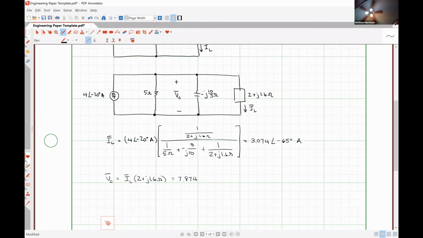7.874 angle negative 26.340 degrees. So these are our phasor domain relationships. How would we get our time domain? So we have the magnitude for both, and the frequency would be the same.